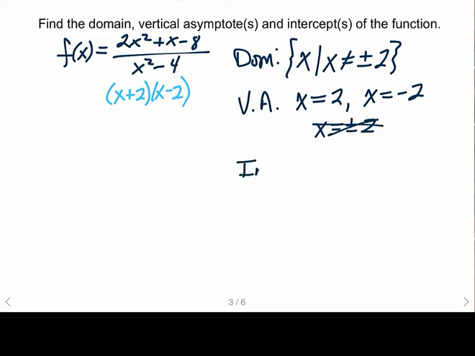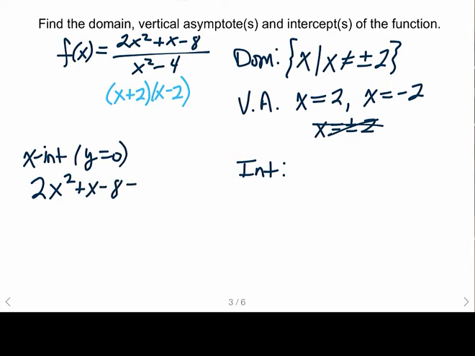We turn our attention to intercepts. For the x-intercept, remember an x-intercept is where y equals 0. The only thing that can make this y equals 0 is if the numerator equals 0. So that boils down to setting the numerator, 2x squared plus x minus 8, equal to 0 and solving the resulting equation.